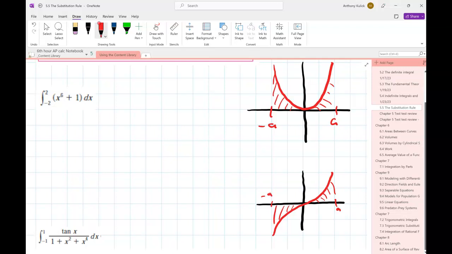So the hard part about using this theorem boils down to, can I identify whether these functions are odd or even? So let's practice doing that. Let's say our f of x here is x to the 6th plus 1. To check if it's odd or even, I do the composition with negative x.